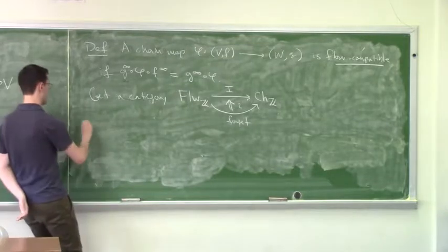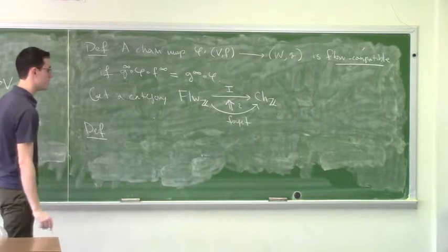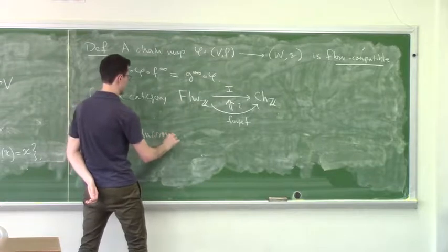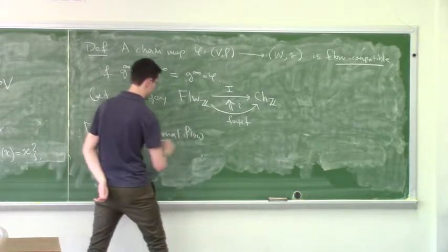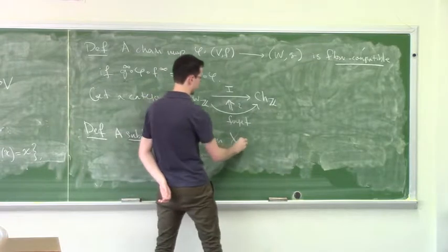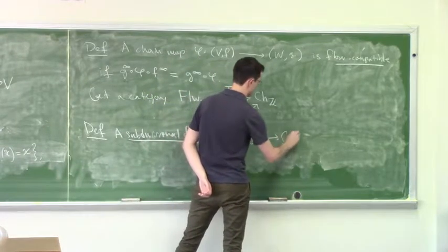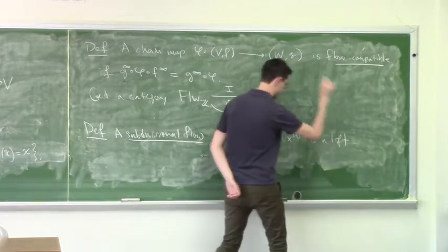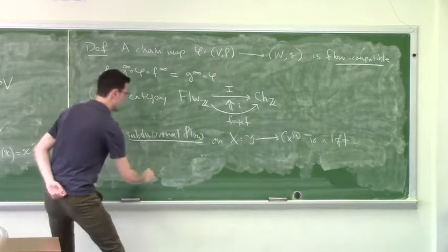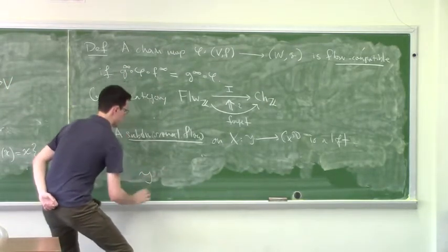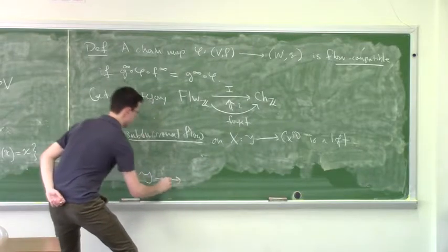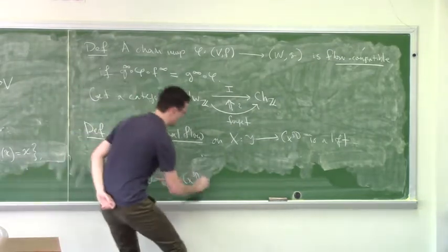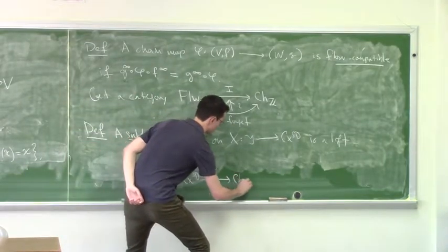Okay, so finally, let me define subdivisional flow on a subdivision space X. It's what you might guess it is. It's just a lift of the functor which first uses X to get a CW complex and then uses cellular chains to get a chain complex.